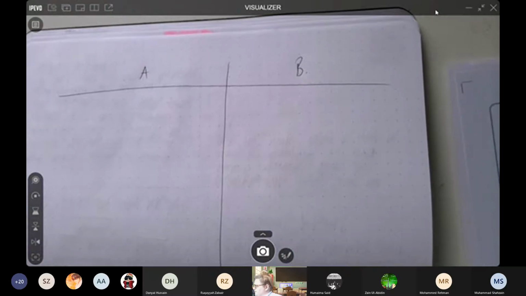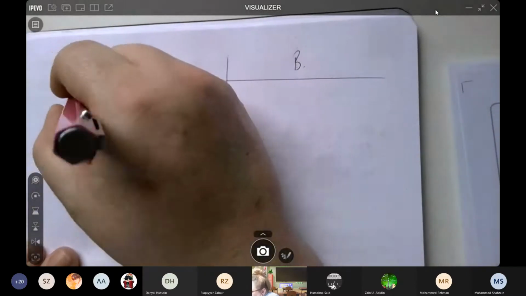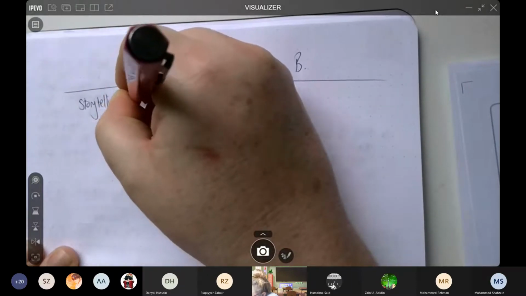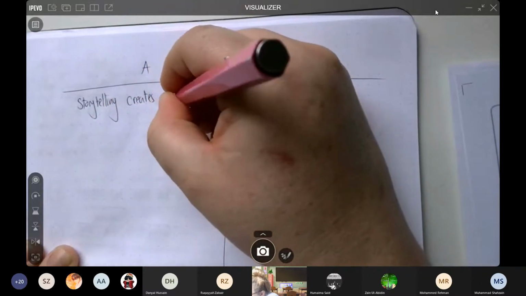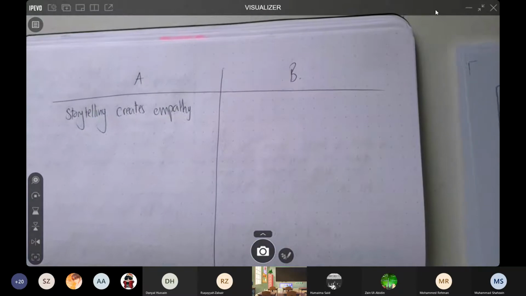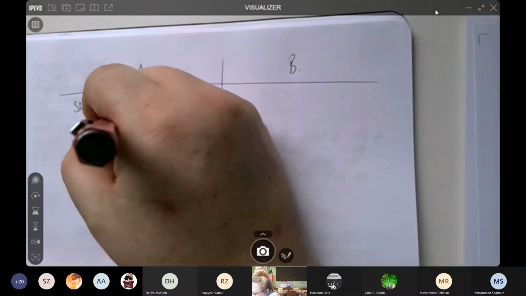So if we consider text A, she's talking about storytelling being a really important idea, and that storytelling can make us feel empathy. So storytelling creates empathy, and we might remember a quotation for that. If you like someone, you care about them.